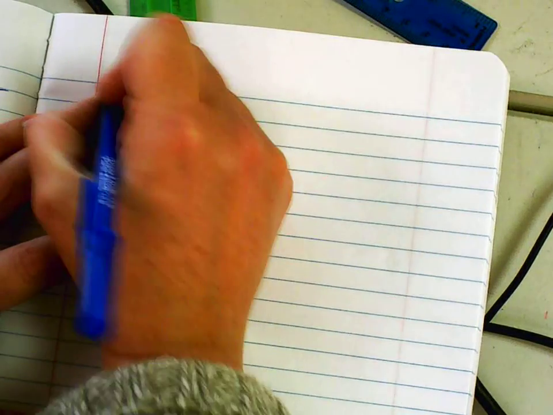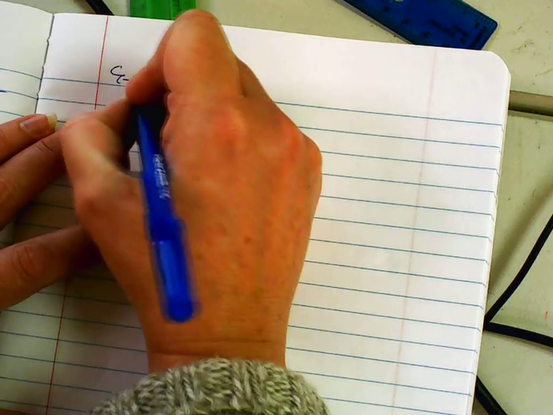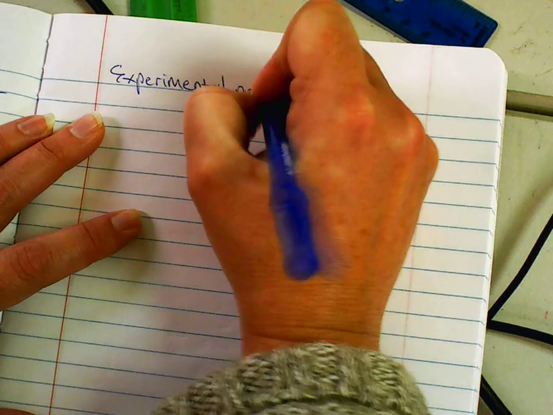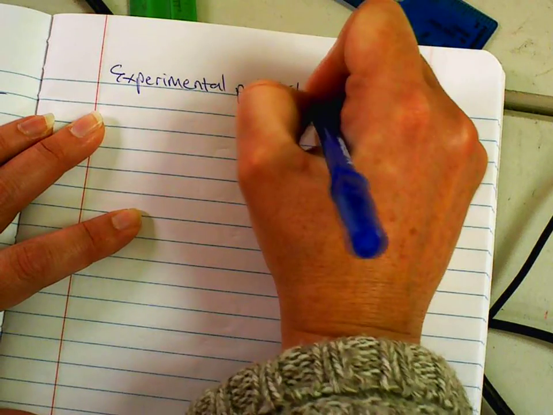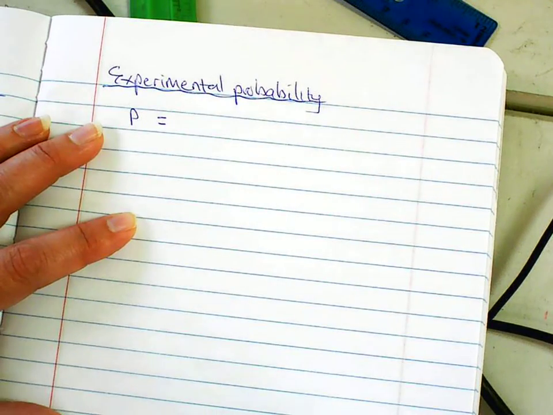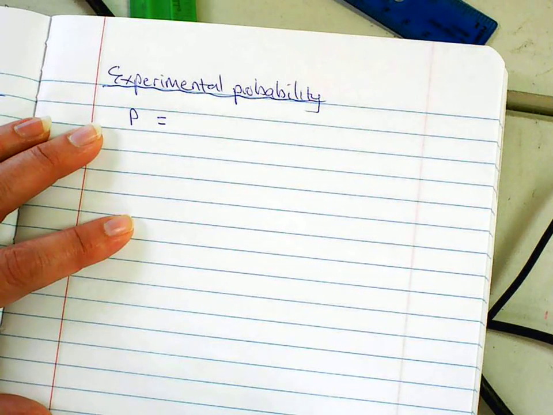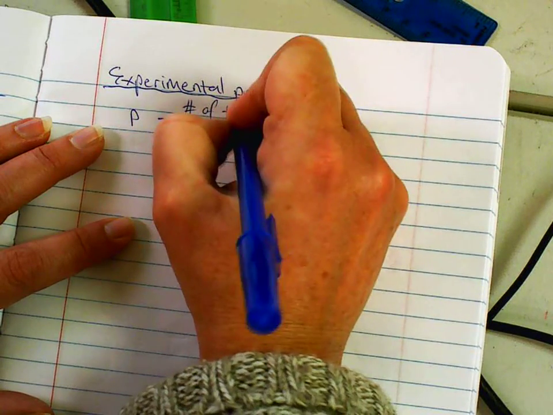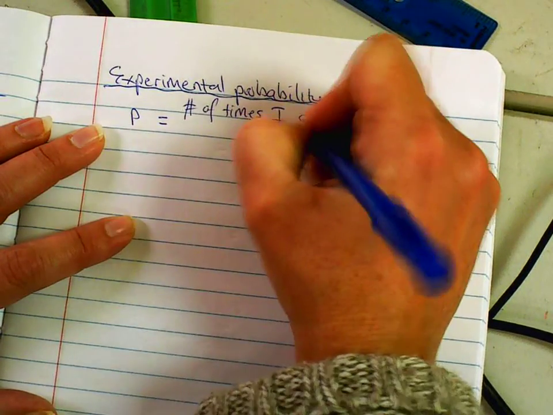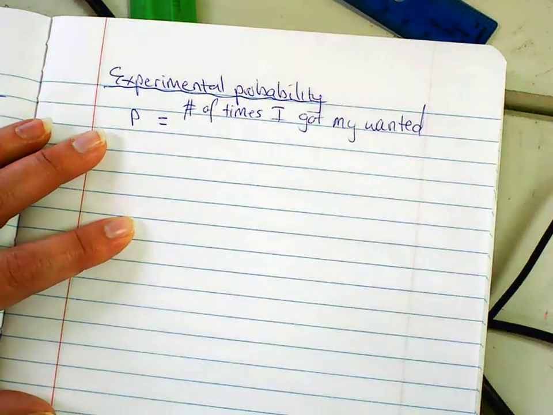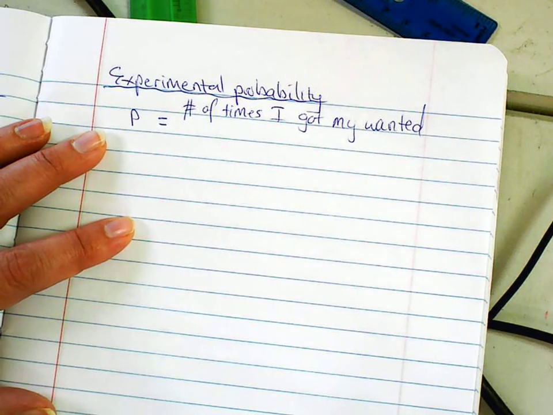So I'm going to write this down so that you know what we did. Okay, experimental probability can be written down as follows. The amount of times the outcome that I wanted occurred. So the number of times I got my wanted result. For example, if I wanted heads, I will have to count how many heads I threw down, right?